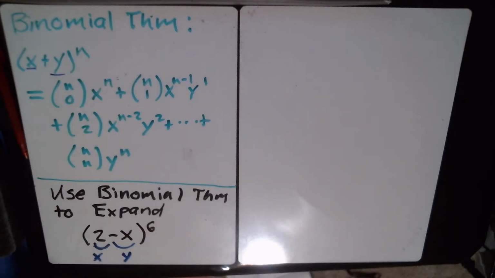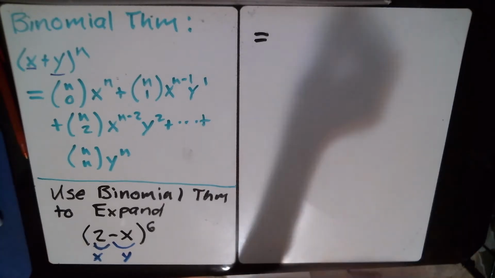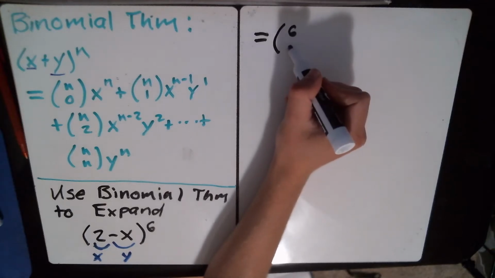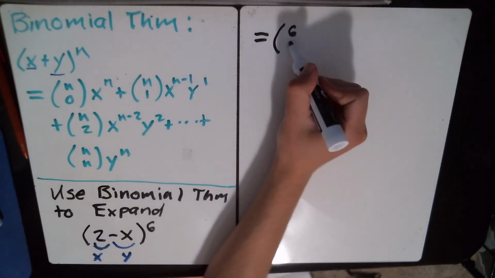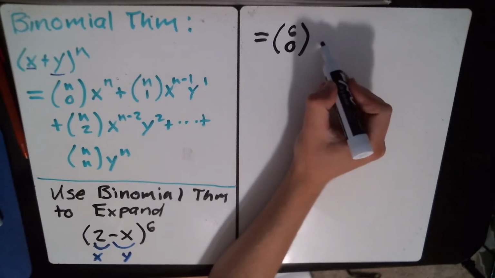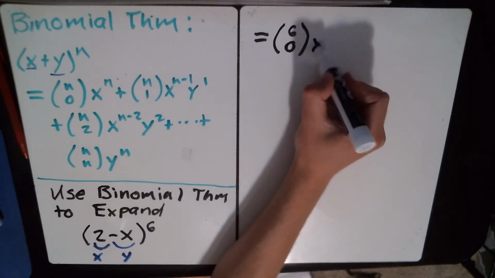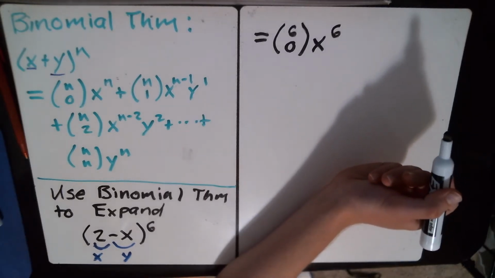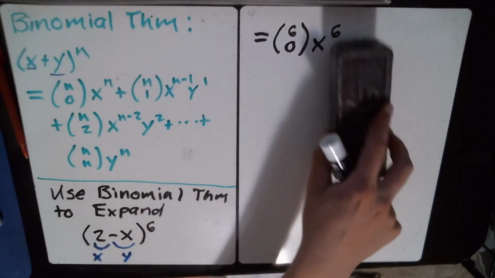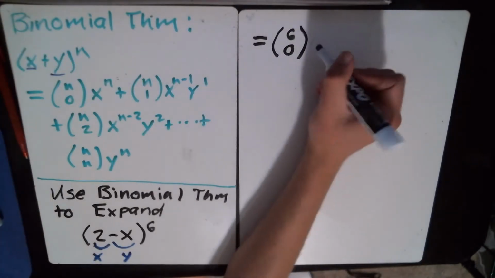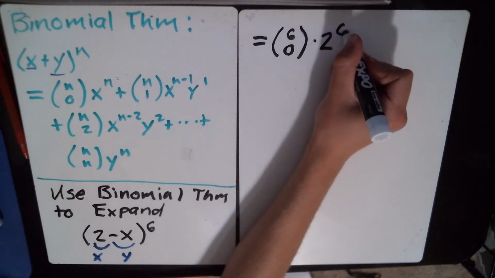The binomial theorem says I start with the 6th power on the top of my parentheses thing, and I start at 0. That's how Pascal's triangle starts, at 0. I do 6 choose 0 times my first thing, 2, functioning as my x, to the 6th power.